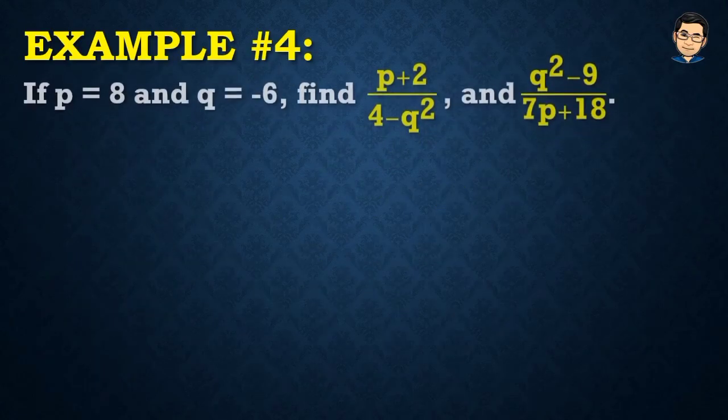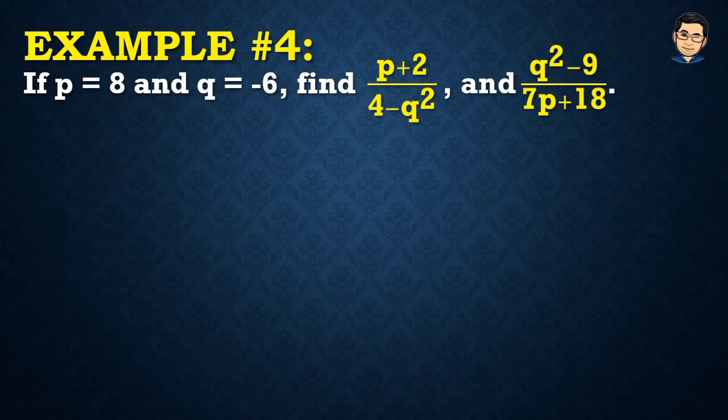So for our last example, if p is equal to 8 and q is equal to negative 6, find p plus 2 all over 4 minus q squared and q squared minus 9 all over 7p plus 18. So p plus 2 all over 4 minus q squared.